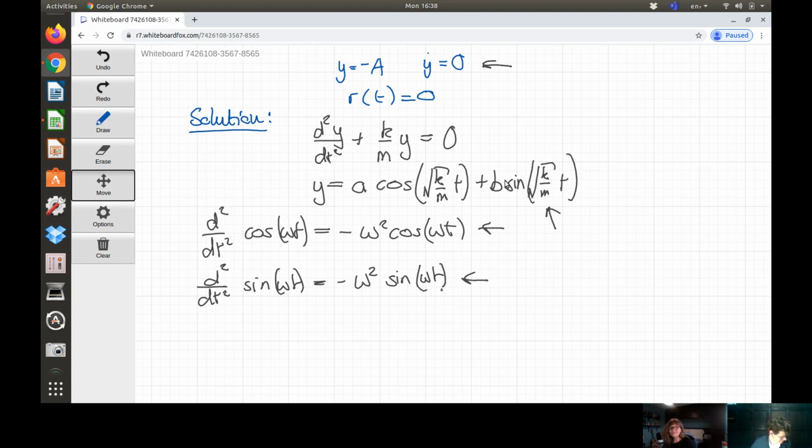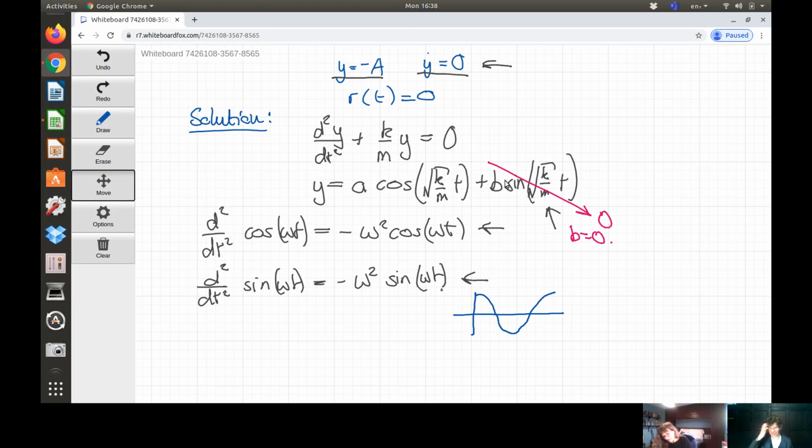So I can use this boundary condition here to say that this term must be 0, or b equals 0. And then I can look at this. And because I know cos is 1 when t equals 0, that's going to tell me that my little a is going to be minus capital A.